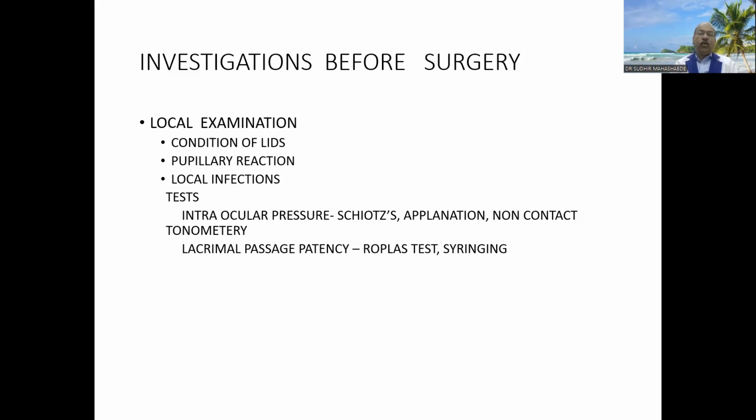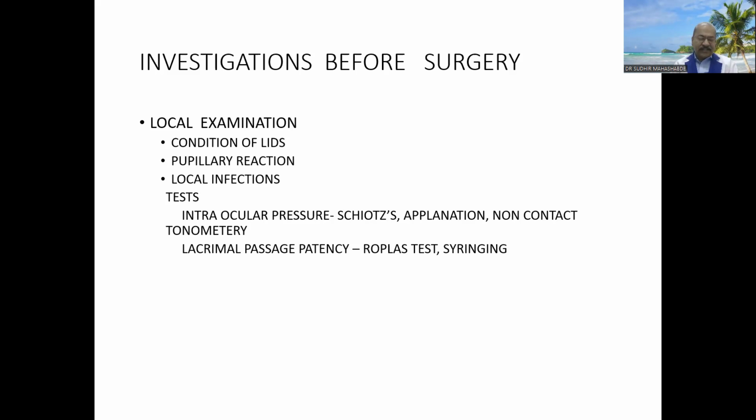Then the local examination. In local examination, the condition of the lids is seen. If there is an infection in the lid, then cataract surgery may lead to problems, maybe infection, and therefore first treat the lid condition and only then operate on the cataract.